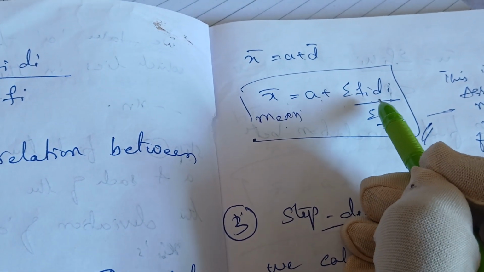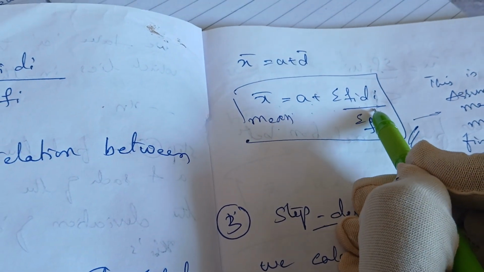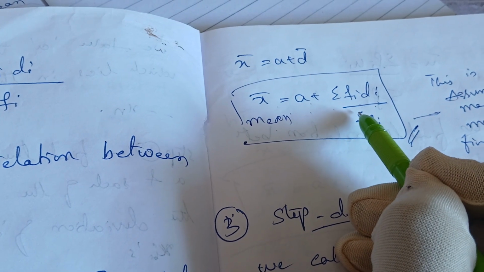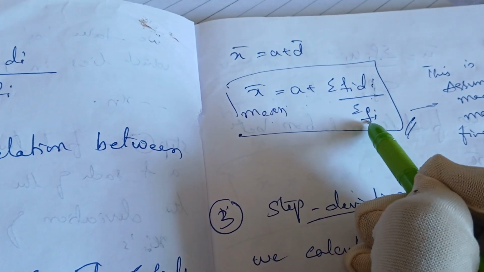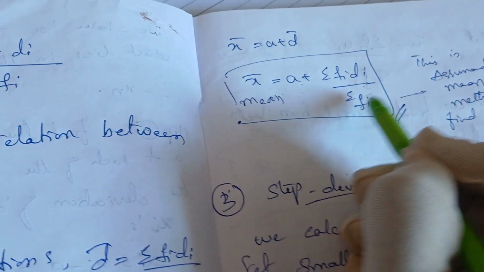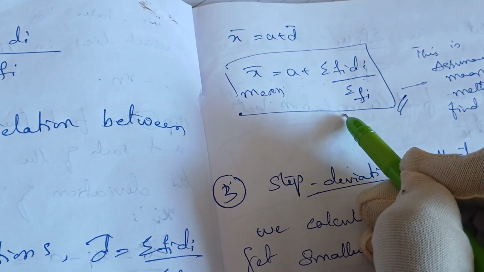Fi is your frequency, di is the difference we calculated. We sum up all the products and divide by the sum of the frequencies. This is the assumed mean method to calculate the mean of given data.